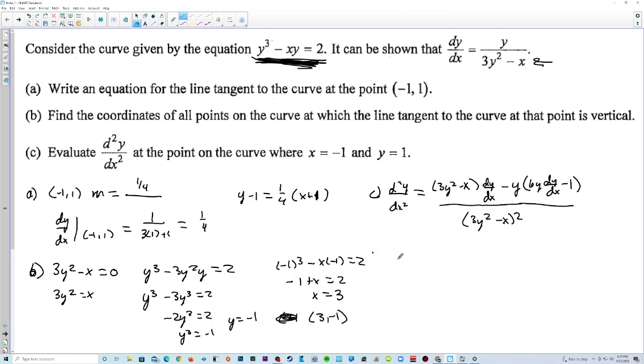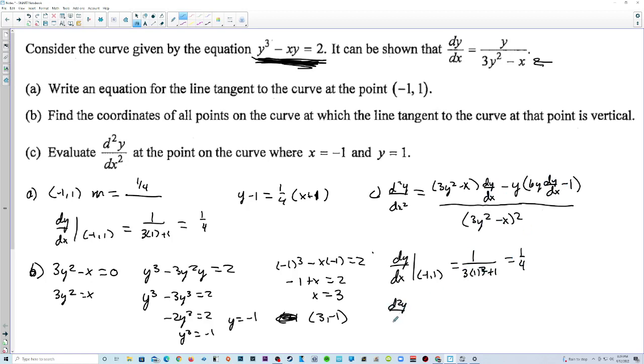Now let's evaluate the first derivative at (-1, 1). And so if we plug 1 in, we get 1 over 3 times 1 squared, plus 1 because it's minus negative 1. So that's 1/4. So dy/dx is going to be 1/4.